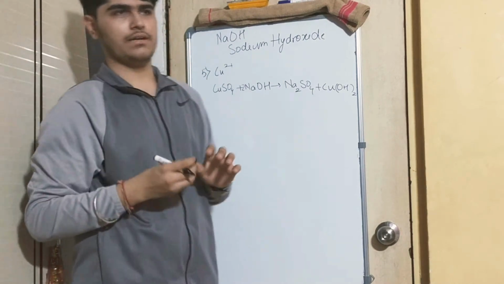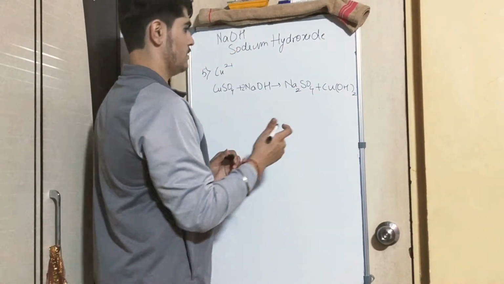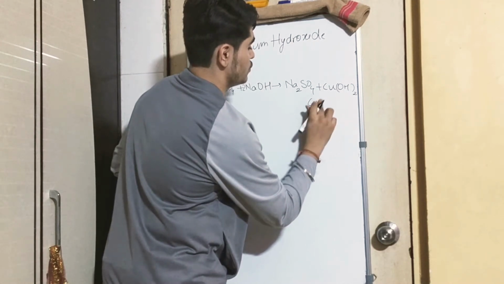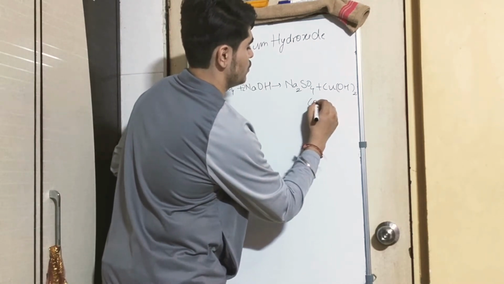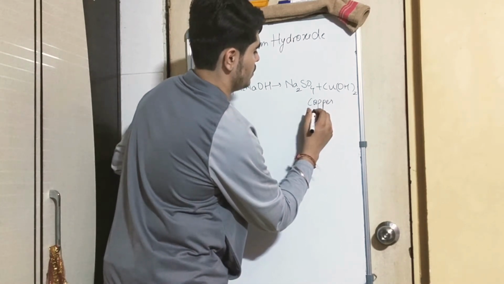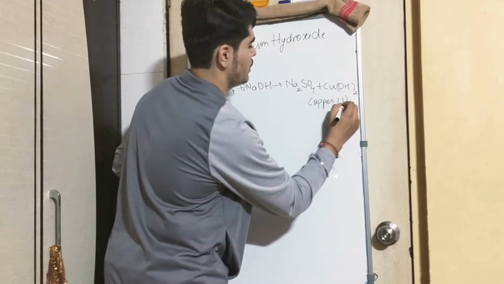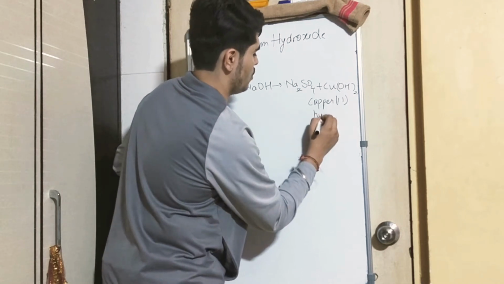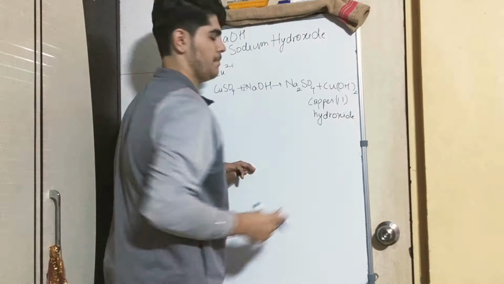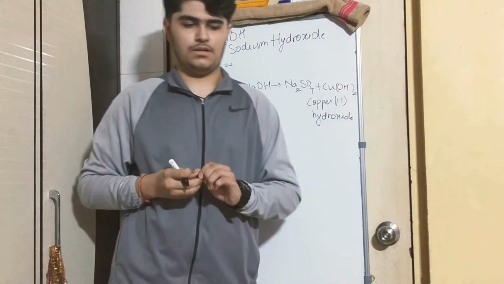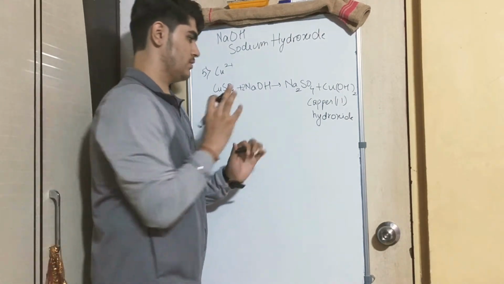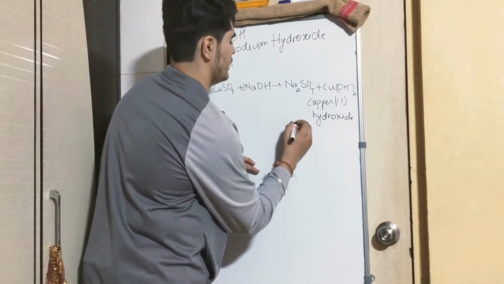So the precipitate which we get is copper 2 hydroxide, also called cuprous or cupric hydroxide.